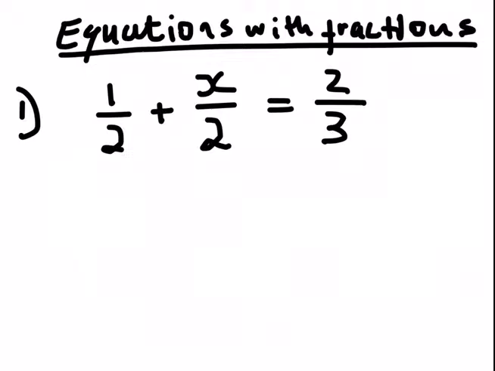So first things first, look for that fraction that has a letter. Then leave it on the left. All the fractions which do not have the letters, meaning which are just the numbers, take them to the right hand side.